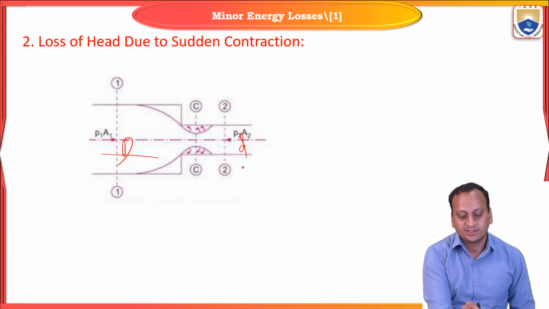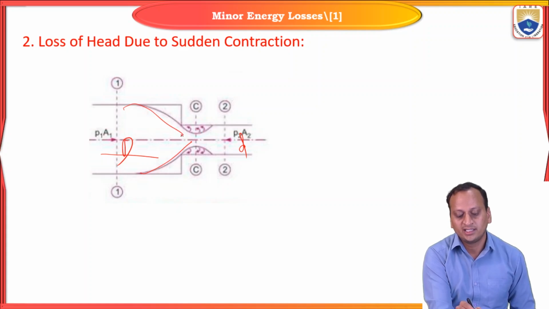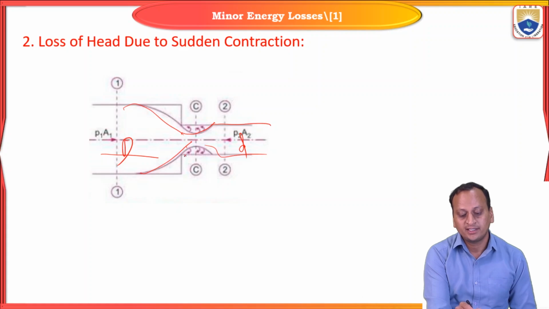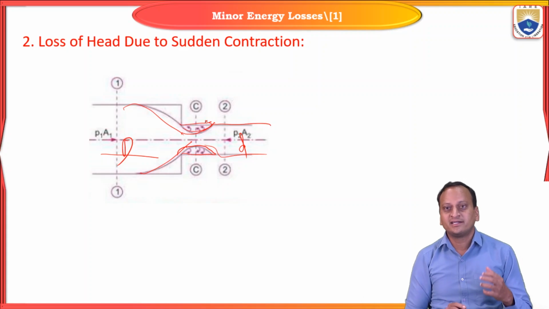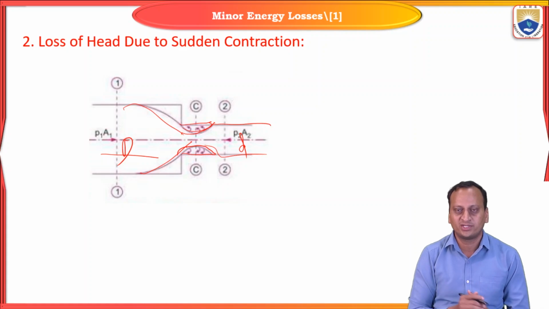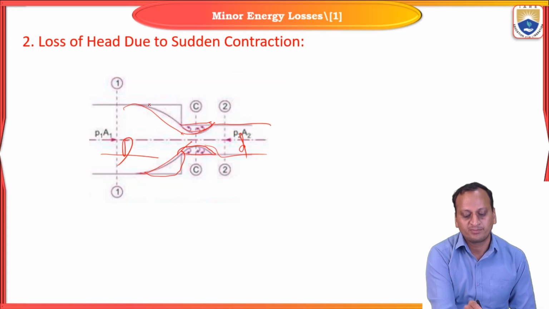While it is coming into the smaller diameter, it has to separate from its outer diameter and enter the smaller diameter, but only after some distance will it follow the contour of the inner diameter of the smaller pipe. So here again, flow separation is taking place in these two portions, after the entrance up to some distance in the minor pipe, and similarly there will be flow separation in the major pipe also.